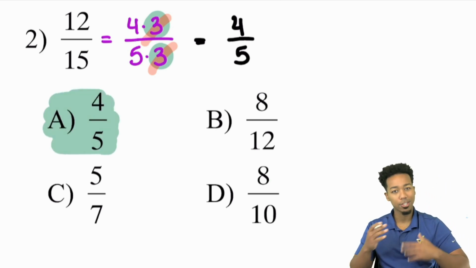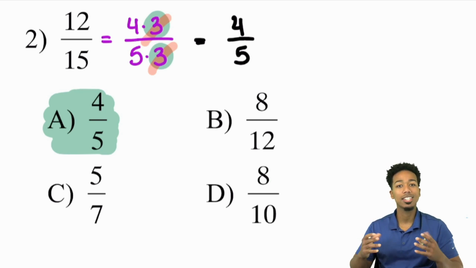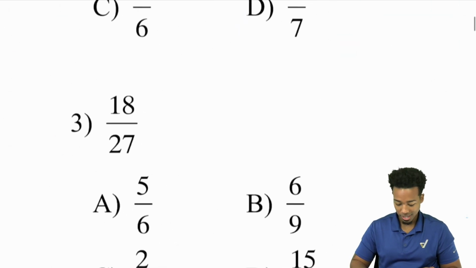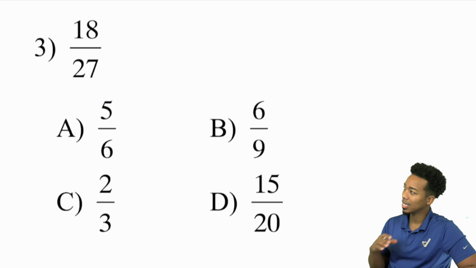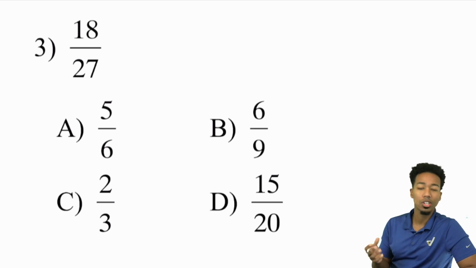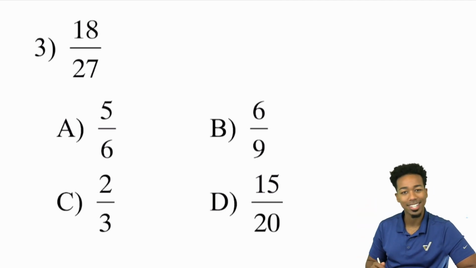I hope you're starting to see this, my party people. Simplifying fractions just means writing it in the simplest way possible, so that we can talk about it easier. So here, 18 over 27. To get this done, we need a good knowledge of factors, what numbers multiply to get that number.